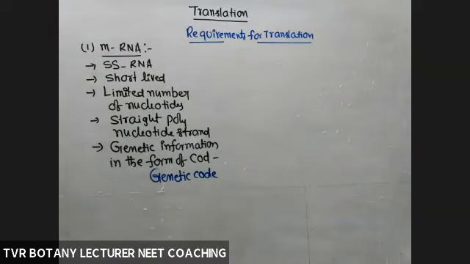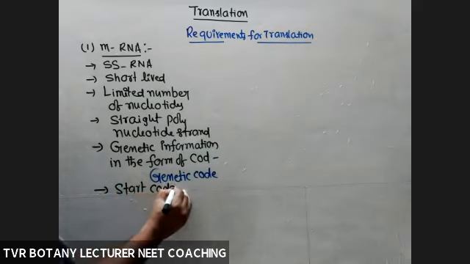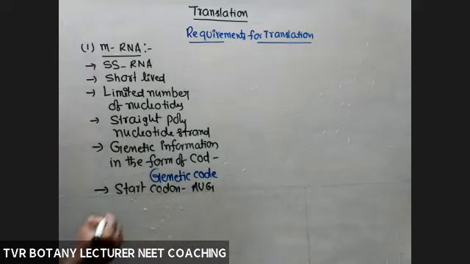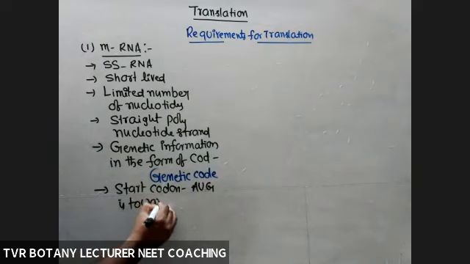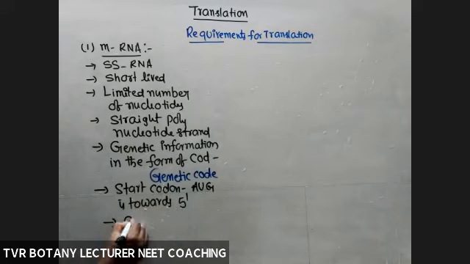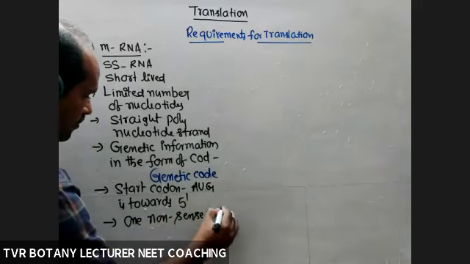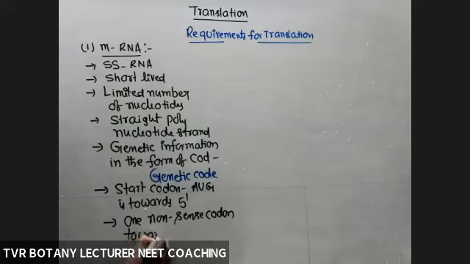Next, in this mRNA, generally the start codon, that is AUG, is towards the 5' end, which is upstream. Generally one nonsense codon is present towards the 3' end.